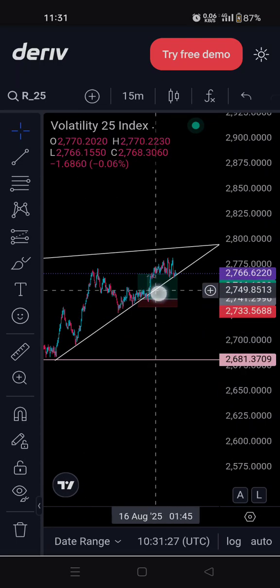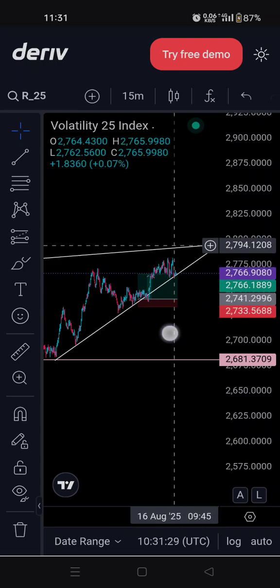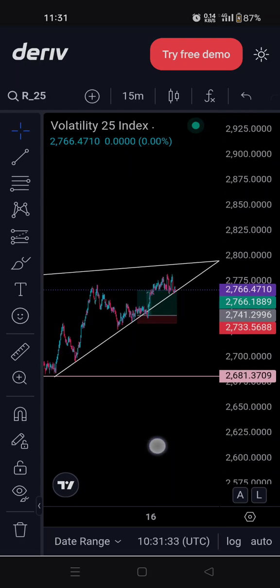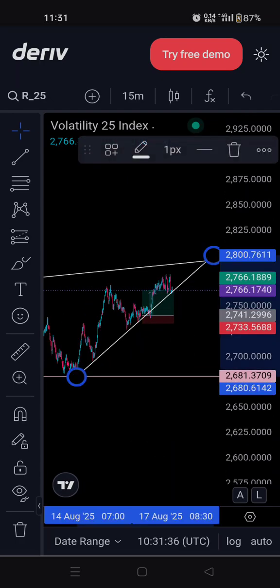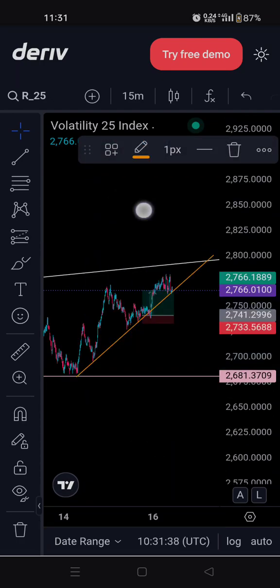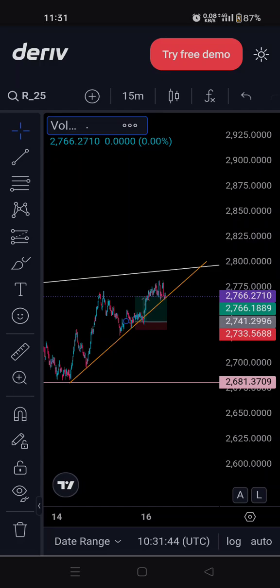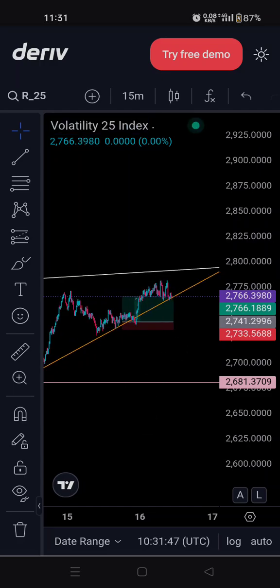In other words, it needs to go back to retest this point of breakout. I was convinced that this market was actually coming for a retest, because what it did here was not a complete retest. It just got there and came down again to this upsloping support. That's this golden line we are seeing here.